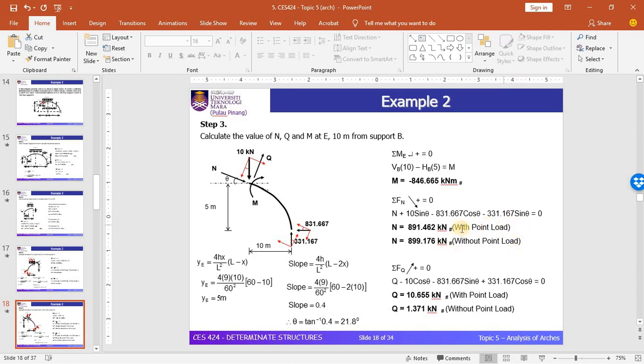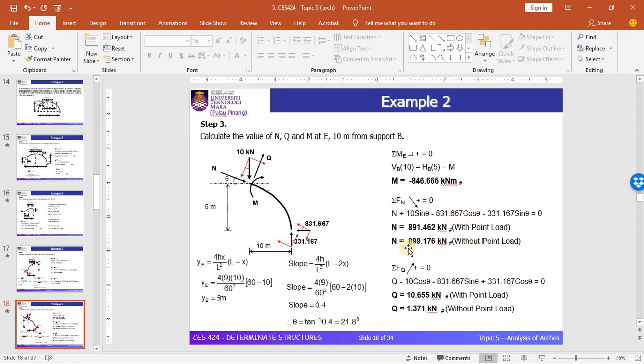With point load, you need to take into account this 10 kilonewton in the equation. Without point load, you need to omit this particular 10 sine theta in the equation. For this condition, you need to consider N, the component from the horizontal direction and the component from the vertical direction.